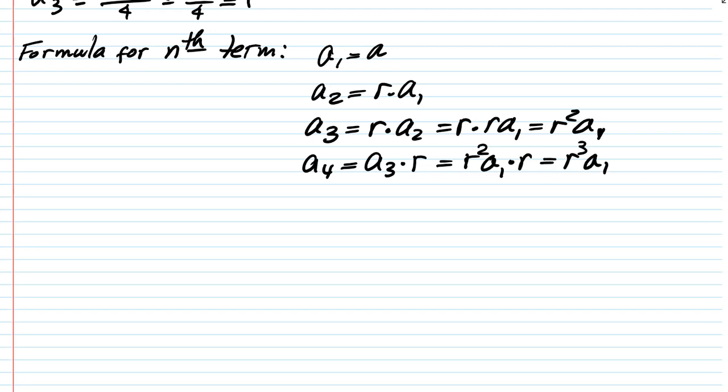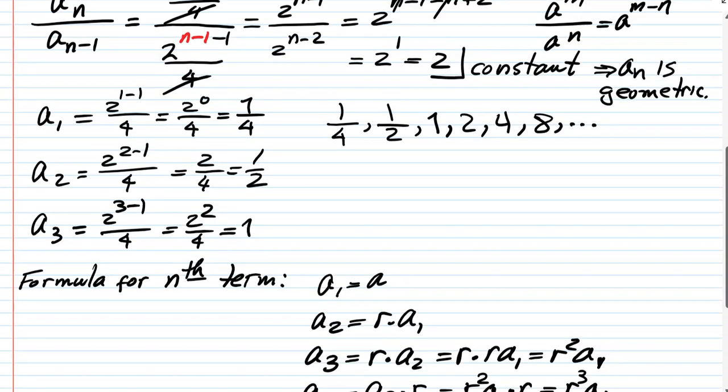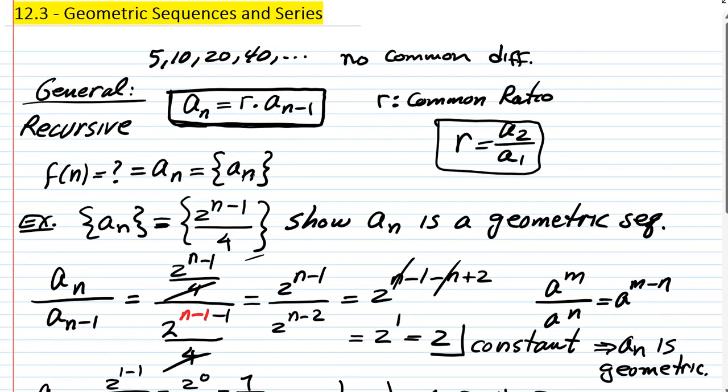And now we can see a pattern. See, when the subscript is n, in this case 4, the exponent on R is 3. So this way I can state the nth term in terms of the first term and the common ratio. And this would be the functional form. Okay, and one thing, by the way, when we go back here, the common ratio R cannot be 0.